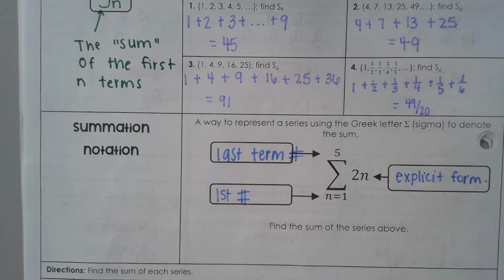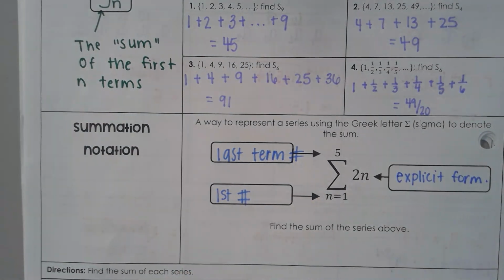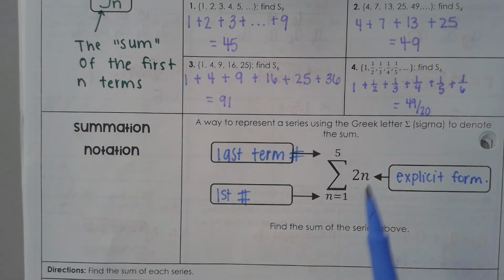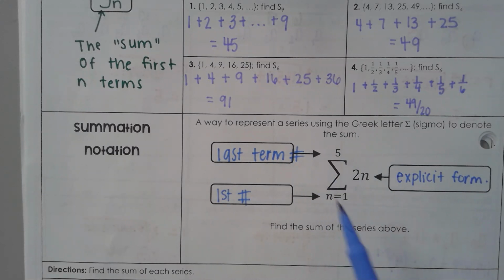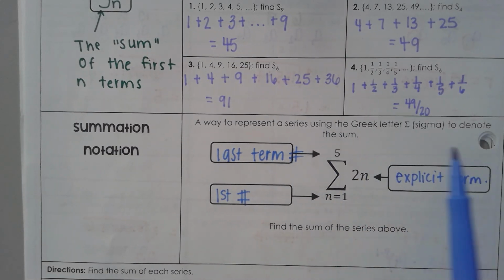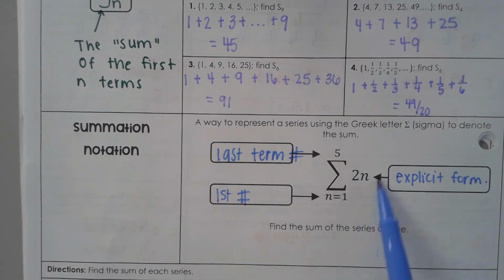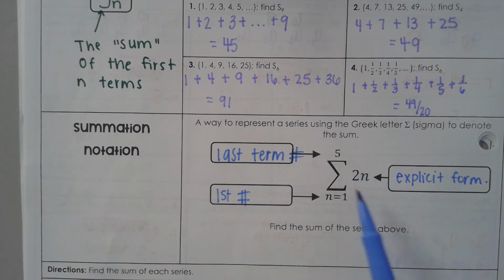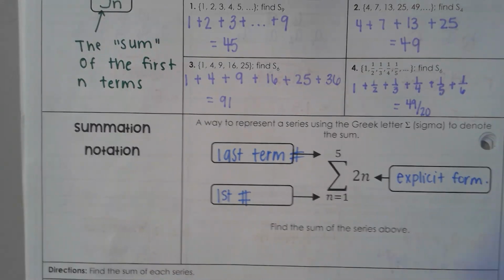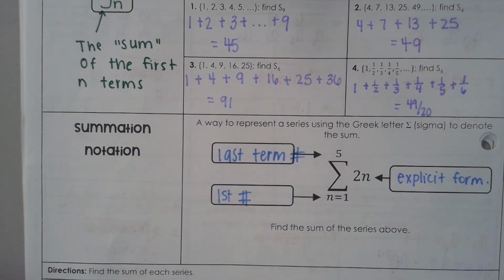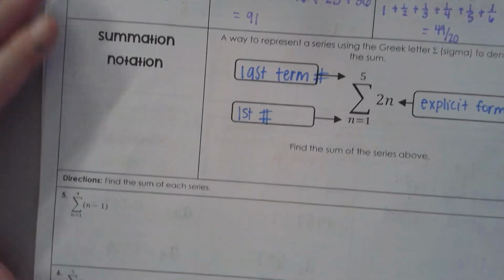In the last 2 lessons, we learned how to write those formulas, those 2 that are up there on the board. So when we get into some arithmetic and geometric series, we will put in that explicit formula over here. But for today, we're just going to practice using sigma with the formulas that I give you.